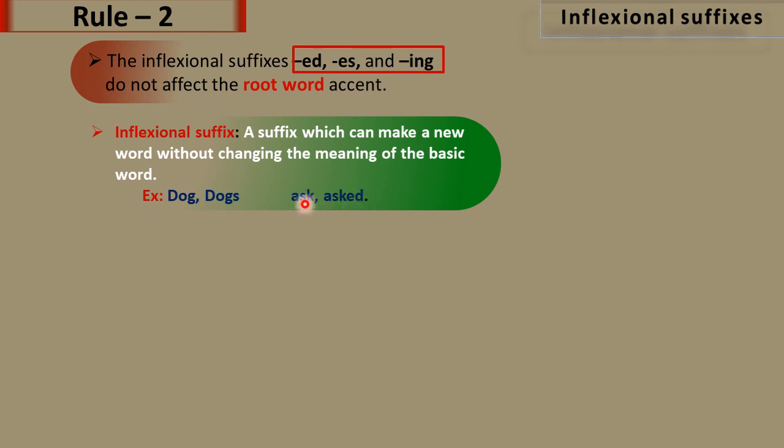Ask is V1 and asked is V2, but both are relating the same meaning. And the meaning of the basic word cannot be changed when an inflectional suffix is added to the root word. Got it?